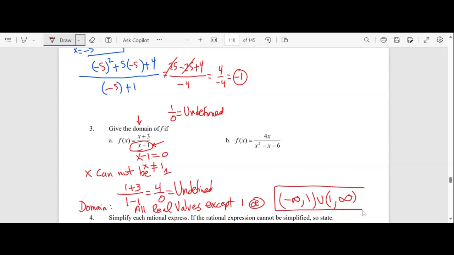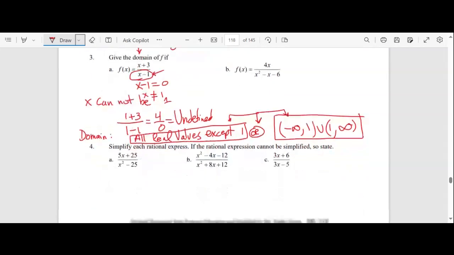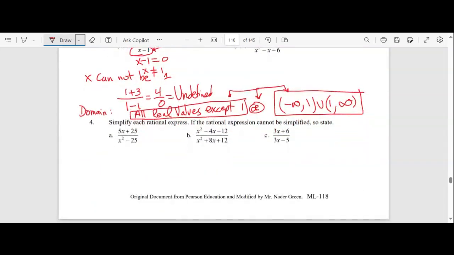So you can write it like this, or you can write it like this. Either way, it's correct. Clear? Okay. I will leave the other one here for you to do as classwork. Let's go for number 4.